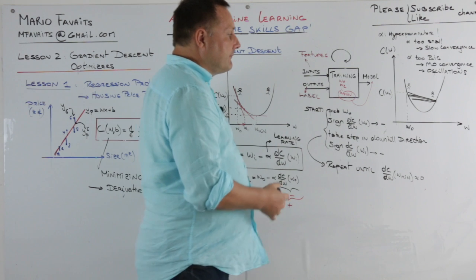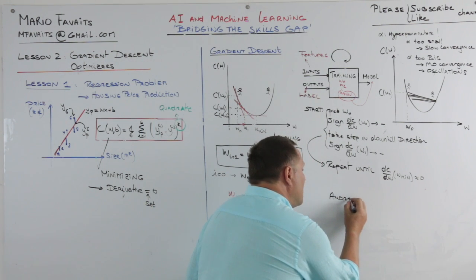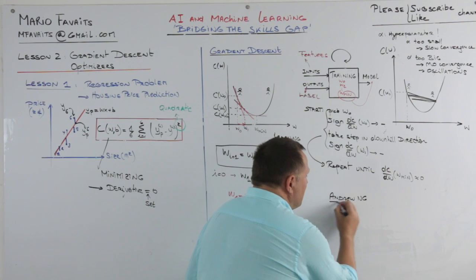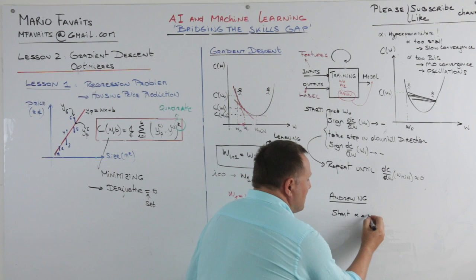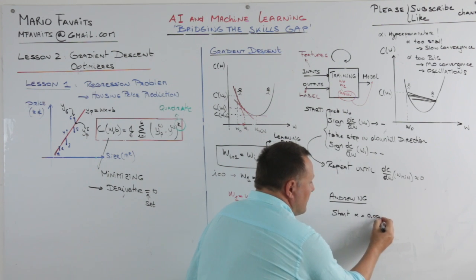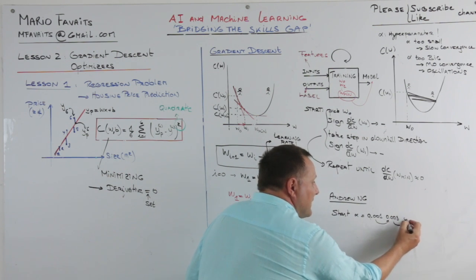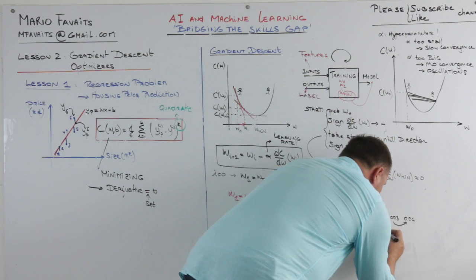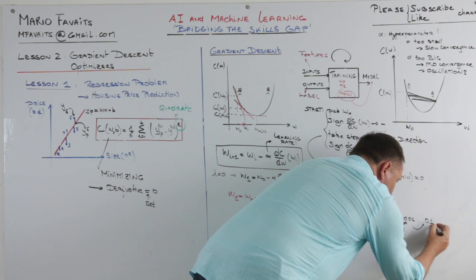So what is the best value for alpha? Well, Andrew Ng, in his video series, he said start with alpha equal to 0.001, then do times 3, 0.003, and then do again times 3, 0.01. You do always times 3 until you get to 0.1.